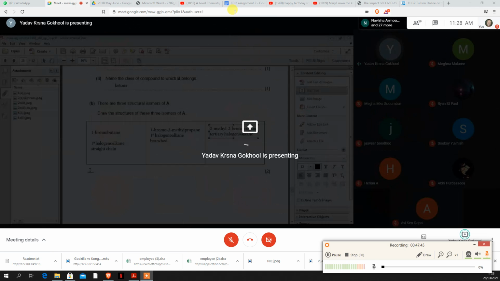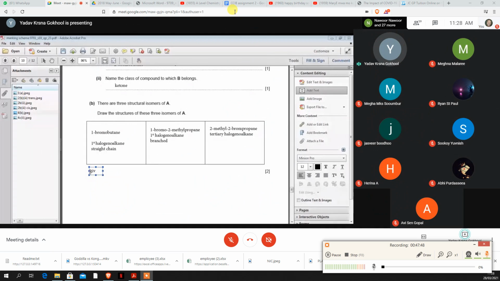a primary alcohol, with NaOH aqueous. This one also is going to give me a primary alcohol with aqueous NaOH.